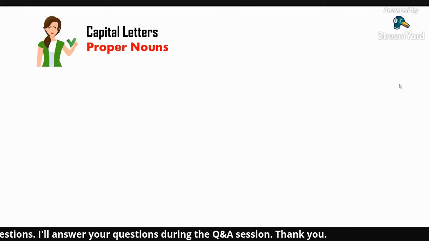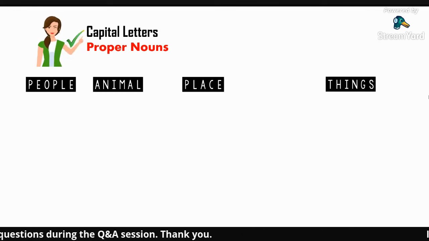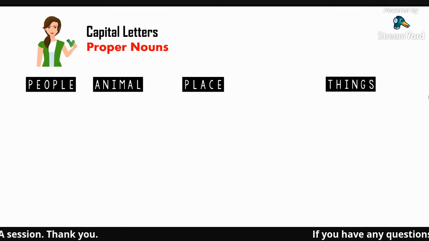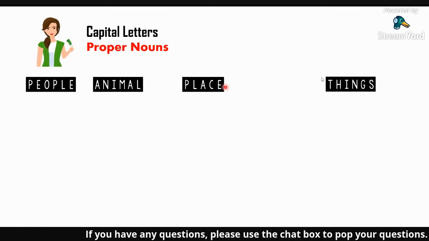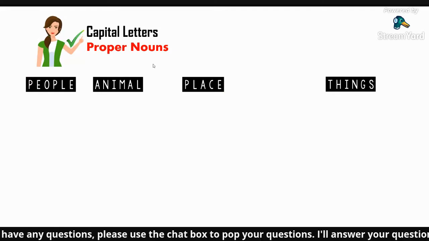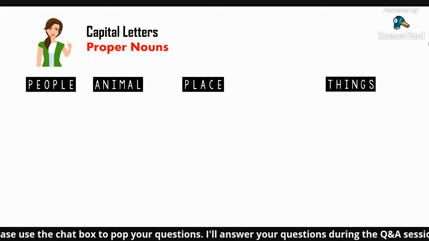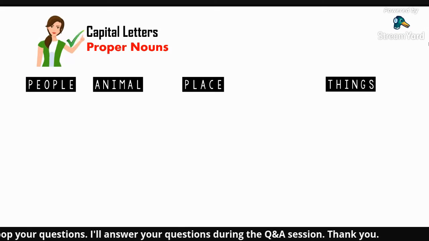Now, as you know, proper nouns include people, animals, places, and things. These are the categories. I'm going to show you some examples that we should avoid, that we should not do.